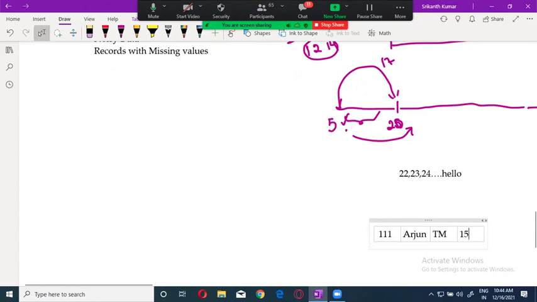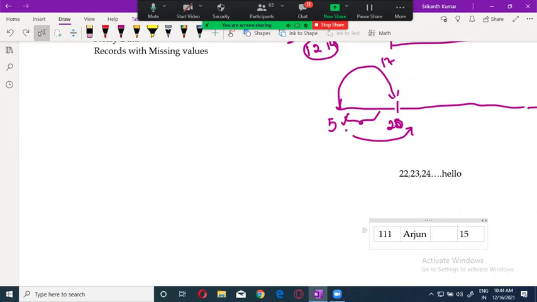A record is nothing but related information clubbed together and put in the database. Now in this, just say that this is missing. This is called a record with missing values. If I have something like this, where the designation is not there, this is called a record with missing values.